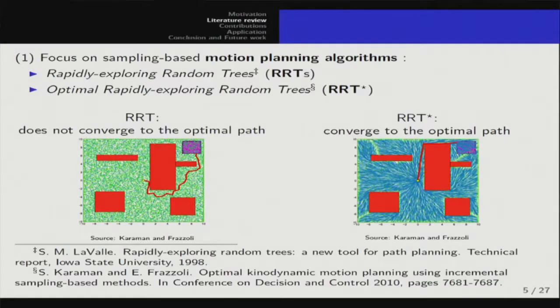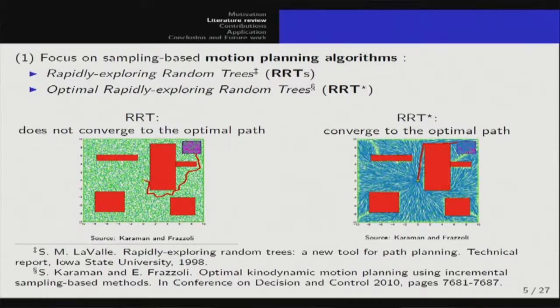So our focus is on sampling-based motion planning algorithms, and in the literature, we are particularly interested in two of them: the rapidly exploring random trees, which are known as RRTs, and the optimal RRTs, which are known as RRT star. The idea of these two motion planners is that they are based on trees, and they explore the map in a random way, rapidly.